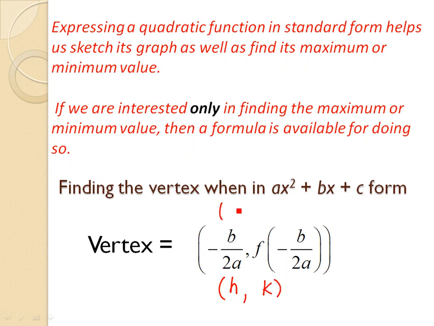Also, the first coordinate is always x, second coordinate is y. So anytime we are referring to x, we are referring to the negative b over 2a as well as the h. And anytime we're referring to the second coordinate y, we're referring to f of the negative b over 2a, which is the same thing as k. So recall that f of something is the same thing as y.